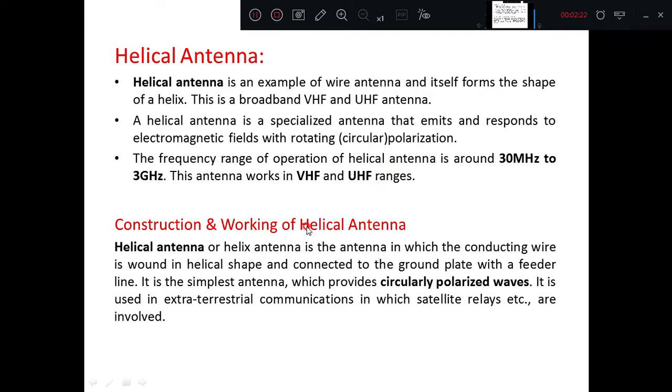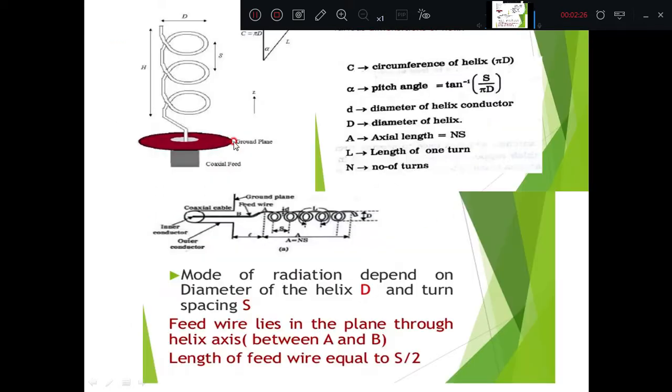And when it comes to construction and working of the helical antenna, before that, this is the geometrical representation of the helical antenna. So this is nothing but the helix form, the nature of the helix, right?